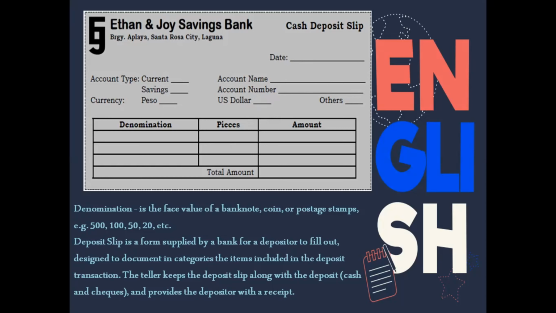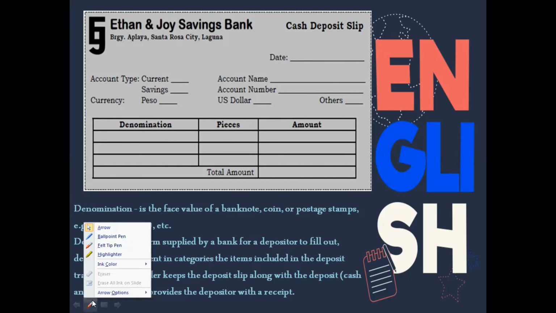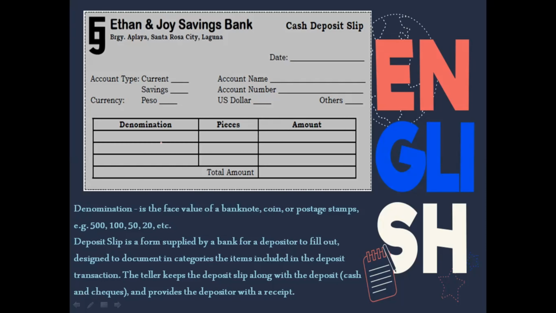Then I have to write here the denomination if I'm going to deposit. Let's use my ball pen. Okay, for example, my denomination is 500. I'm going to deposit 500 pesos. I have 500 pesos. I have 1,000 pesos.